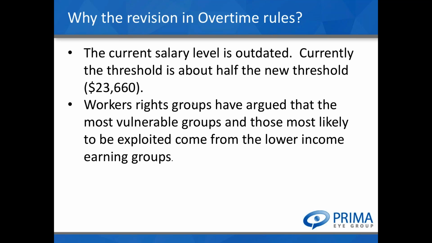One of the driving factors here was that workers' rights groups have argued for some time that while companies have profited greatly since the overtime laws were last changed in 2004, much of the growth has come at the workers' expense. Some of these groups have argued that the most vulnerable groups are those most likely to be exploited, and they most likely come from the lower income earning groups.